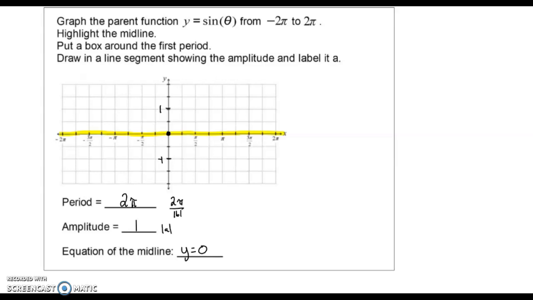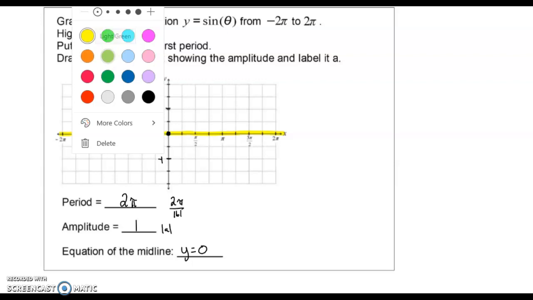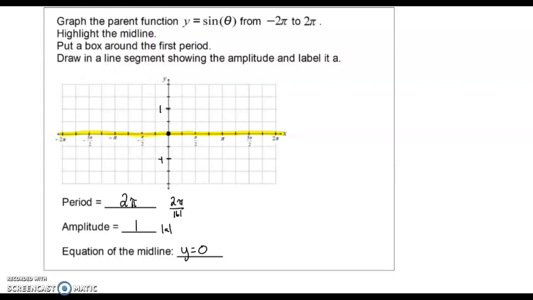With my amplitude being 1, the other reason I had you grab a different color of highlighter is to be able to highlight where your maximum should hit, and where the bottom of your graph or your minimum should hit. And it's basically going to bounce back and forth between these. It is not a requirement to have these on here, but Ms. Davis and I both address graphs this way. It just helps us remember where our highest point should be and where our lowest should be.